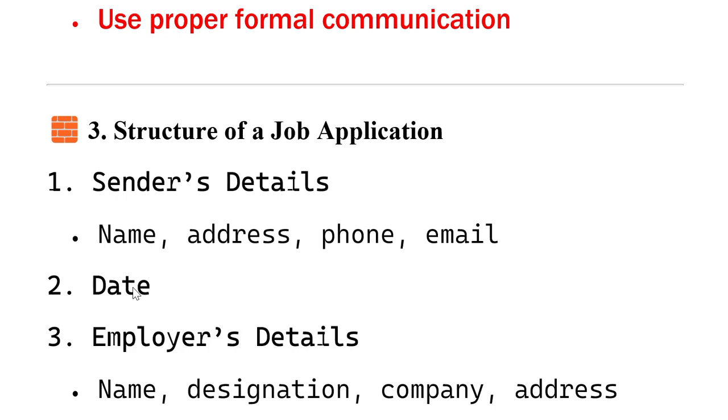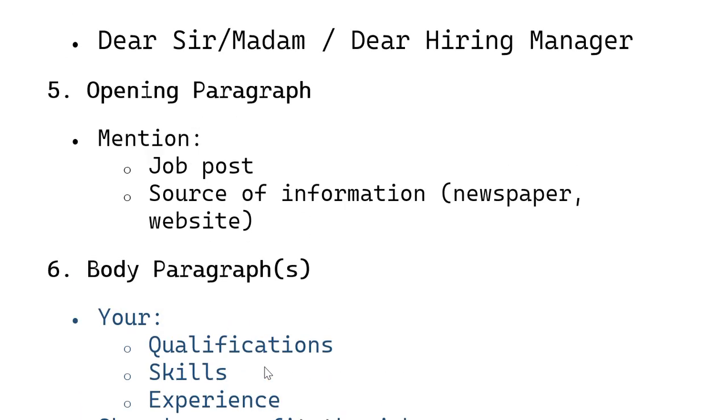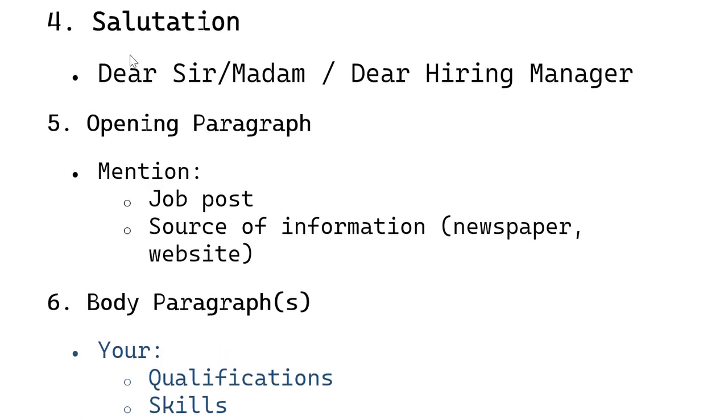And thirdly, we have to write the employer's details, that is name, designation, company address, etc. And next, the fourth thing that we have to do is write a proper salutation. We may write salutations like dear sir or dear madam, dear hiring manager, etc.